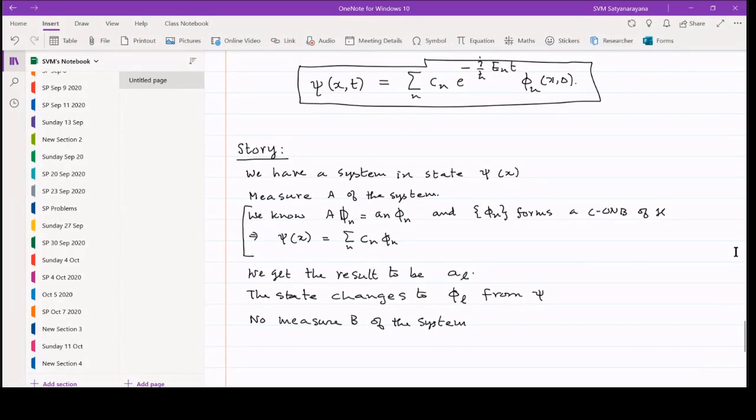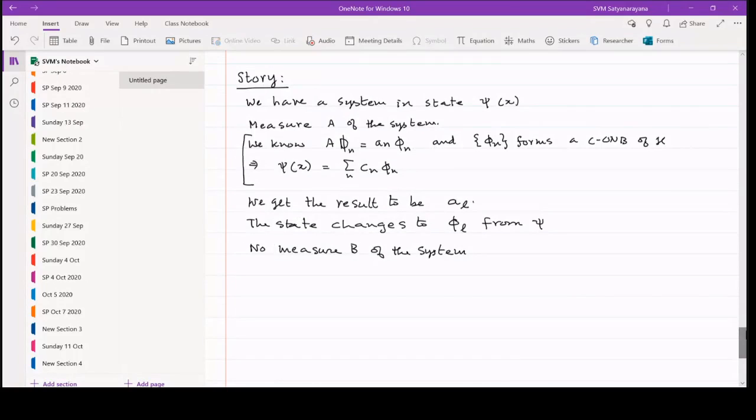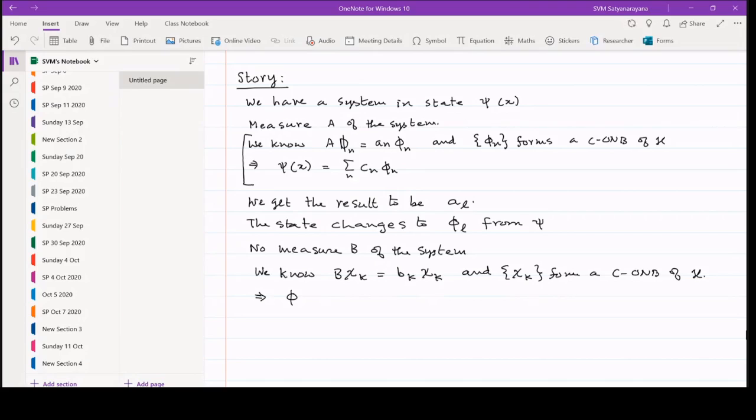Because this is another property, we know that there are certain states with B chi k equal to Bk chi k, and this chi k also forms a complete orthonormal basis of H. So this phi L can be expanded as the sum over k of dlk into chi k. This is something which we know mathematically.